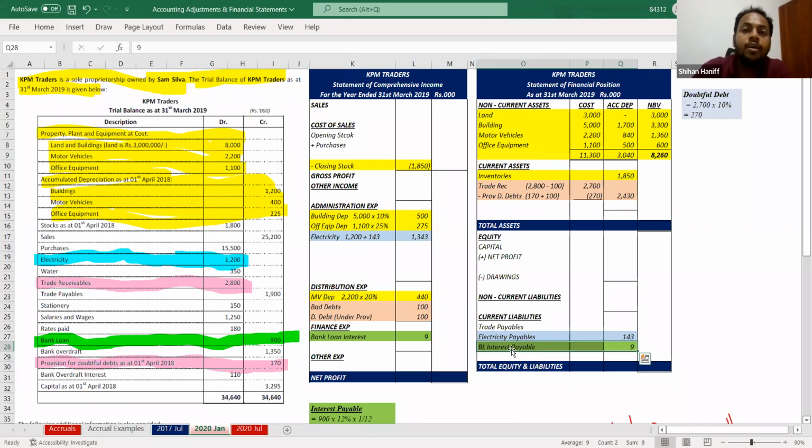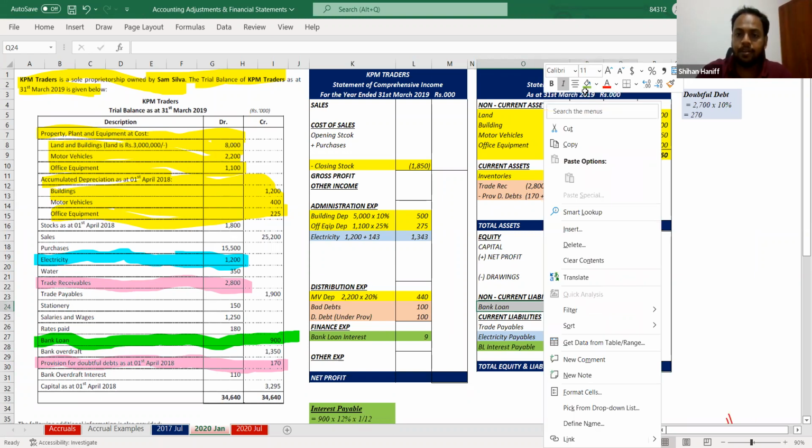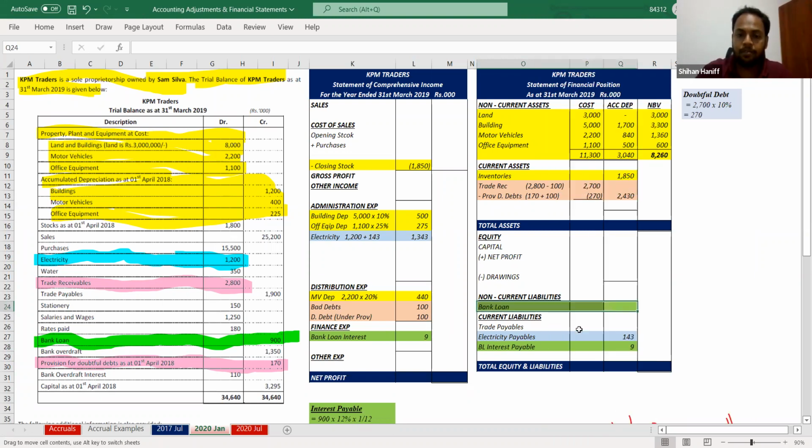Then what about the installment, the capital portion? Do you need to deduct it from the bank loan? We don't deduct it, because the capital payment is done in the next financial year.